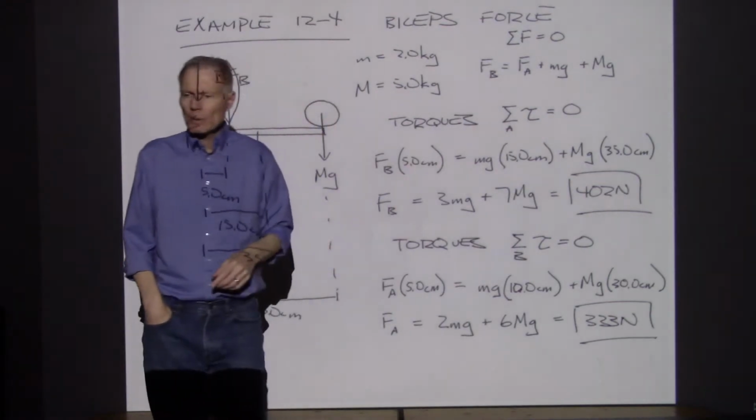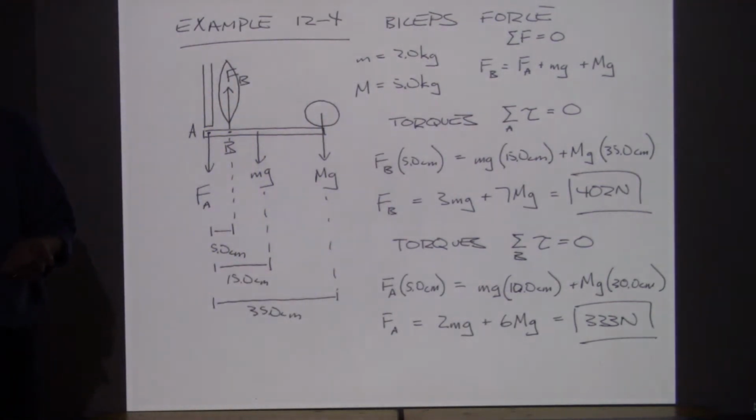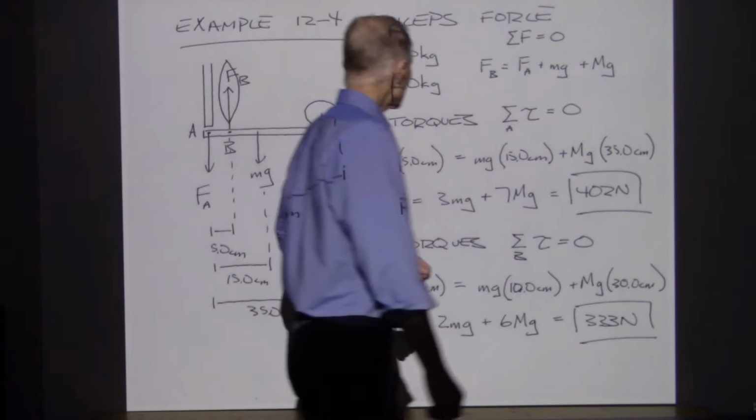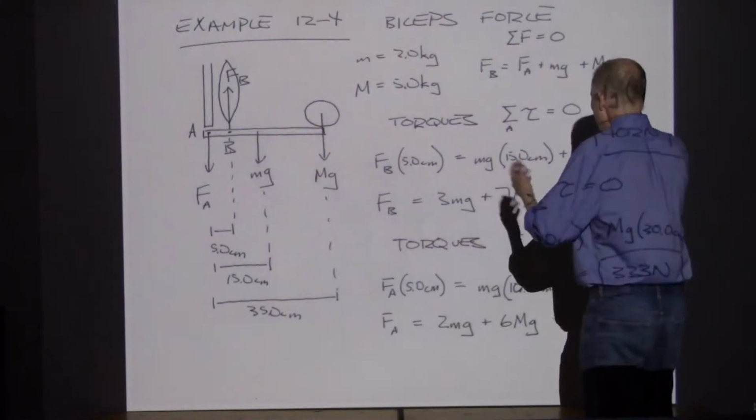Look at that. The muscle is not just providing the force mg and big MG. The muscle has to produce a tension that's 3 times the weight of the forearm and 7 times the weight of the golden sphere. That's a lot more tension than you would need if you were simply lifting these objects up. If you just lifted an object up directly, it would just be mg.